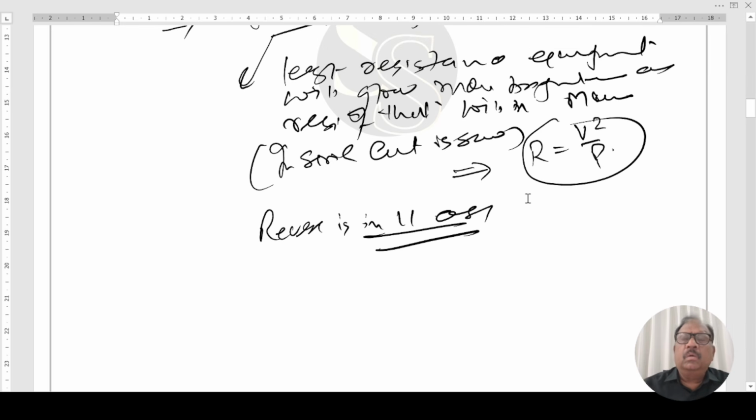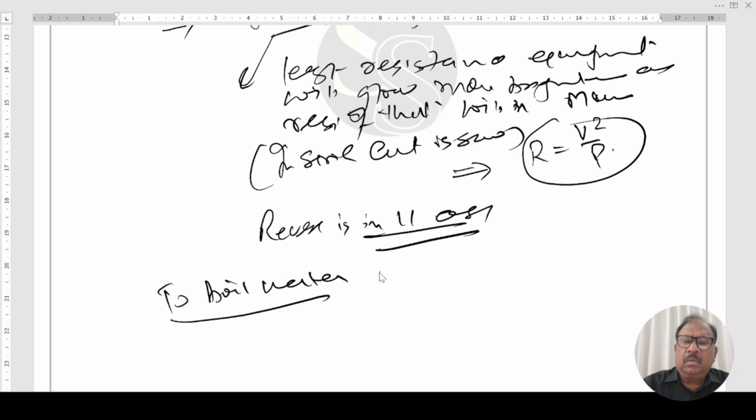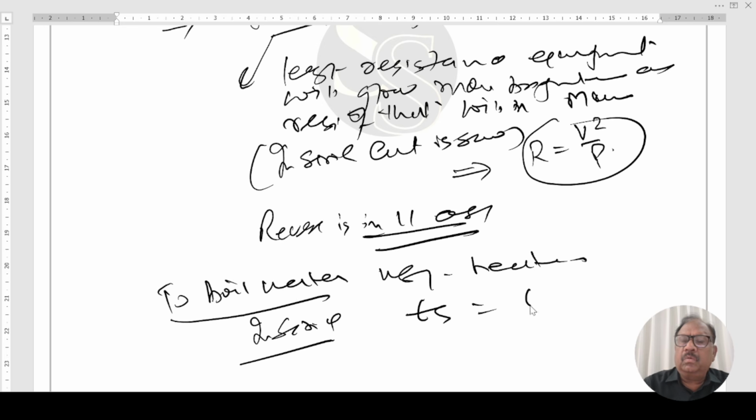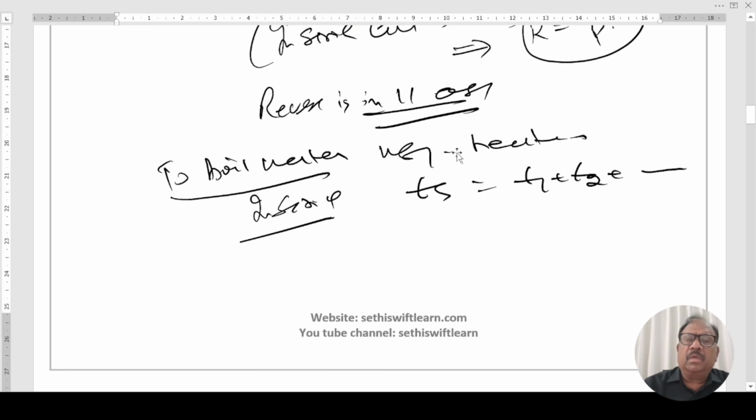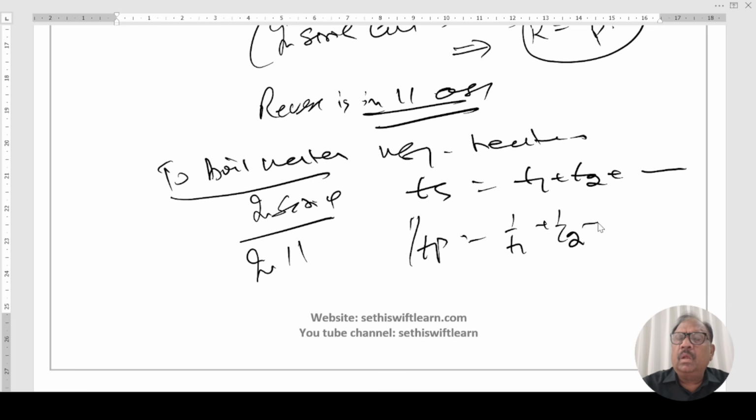Right? To boil water using heaters in series, T is equal to T1 plus T2, the sum of all the times taken individually. If they are connected in parallel, 1 over Tp equal to 1 over T1 plus 1 over T2, and that's all.